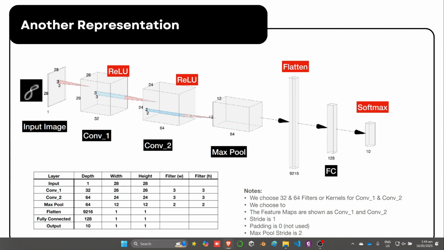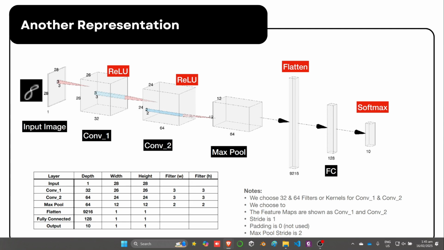So that's how we get 12 by 12 by 64. It's half, because it was 24 and now it's 12. Remember, this feature map size of 24 by 24 by 64, by applying max pool, we get an output size of 12 by 12 by 64. And then we flatten this max pool layer. Then we have this interim fully connected layer with 128 neurons here.